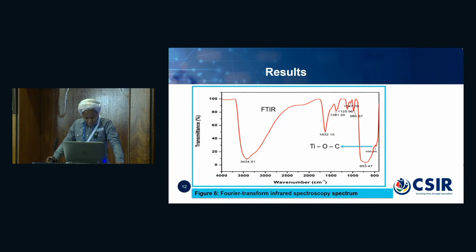And then the peaks observed at 693.47 and 466.84 correspond to Ti-O and Ti-O-C. And the presence of this Ti-O-C indicates the success of our mesoporous carbon coated with the titanium dioxide nanocomposite.